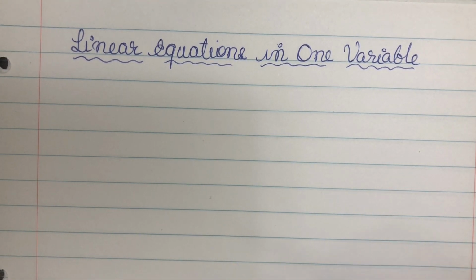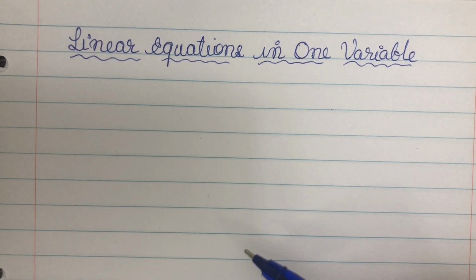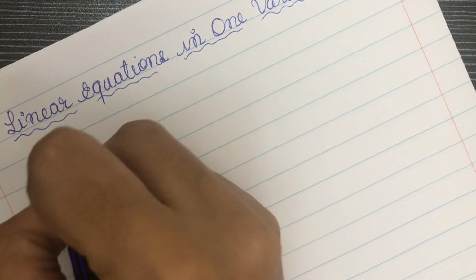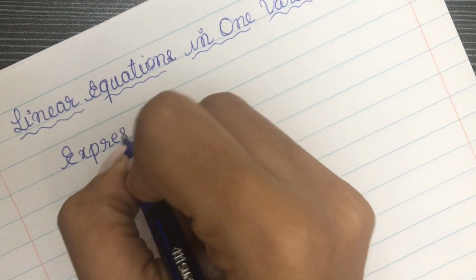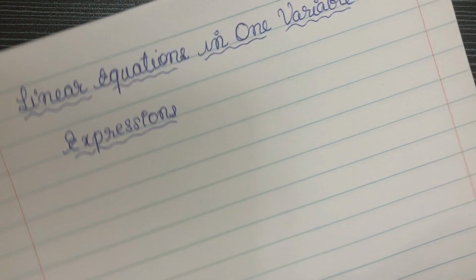So our chapter name is linear equation in one variable. So you all know what an algebraic expression is. So before going to the linear equation, we'll first see what is an expression and what is an equation. So the first thing we'll recall is expression. What are expressions?